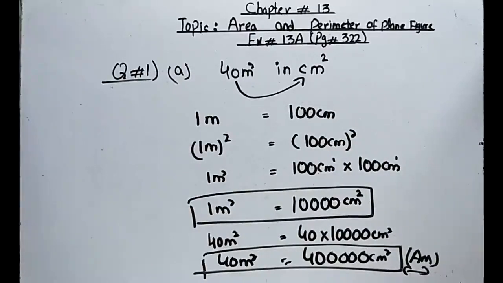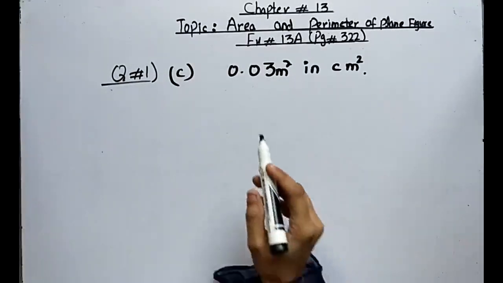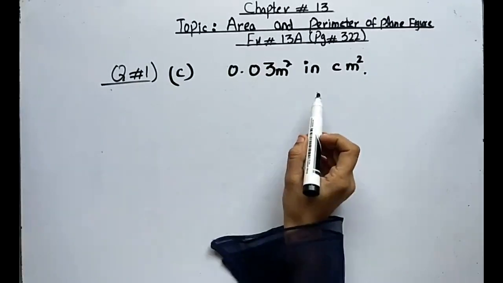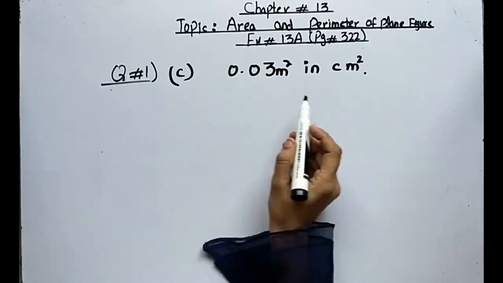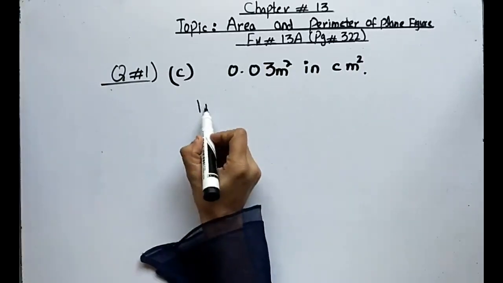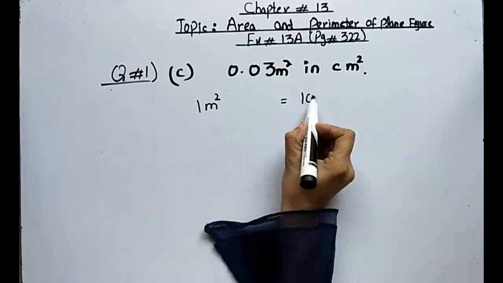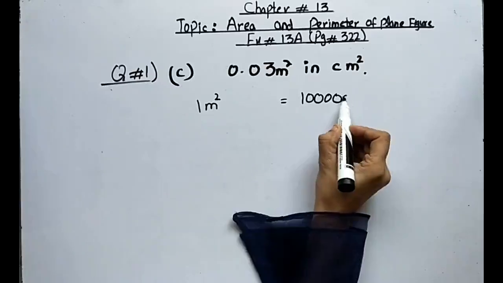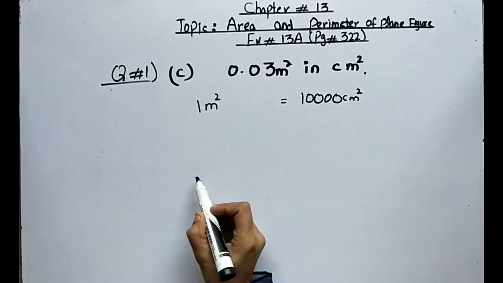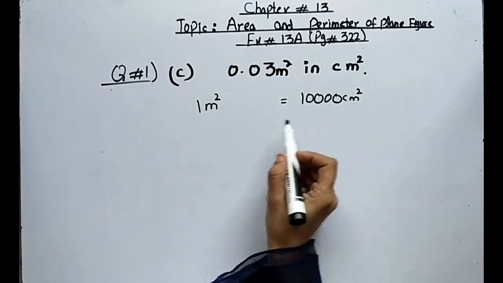So now look at the third part, part C. Part C is 0.03 meter square in centimeter square. Now how can we convert meter square into centimeter square? As we have already done, 1 meter square is equal to 10,000 centimeter square, as 1 meter is equal to 100 centimeter.